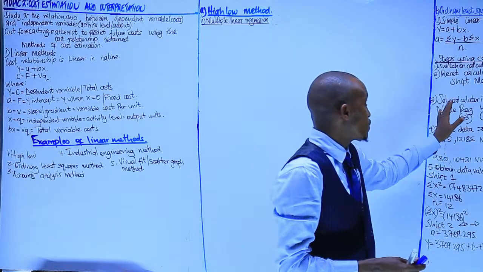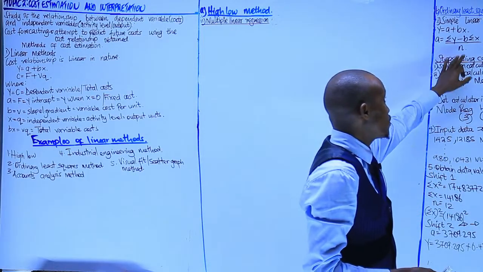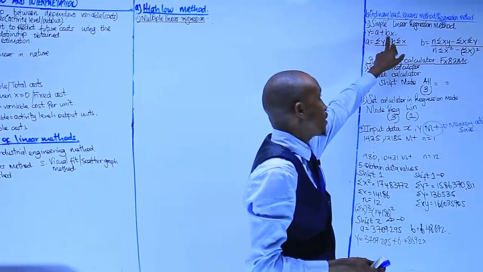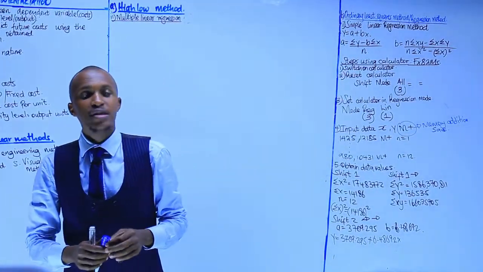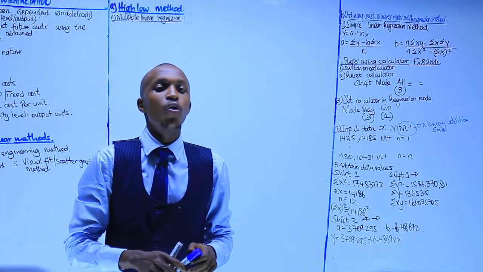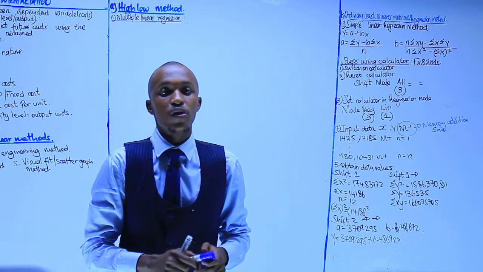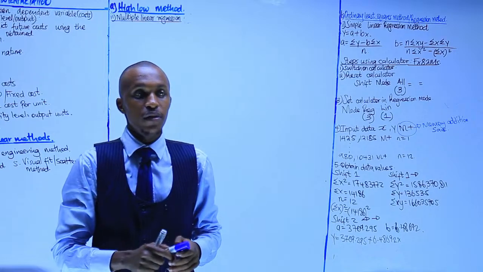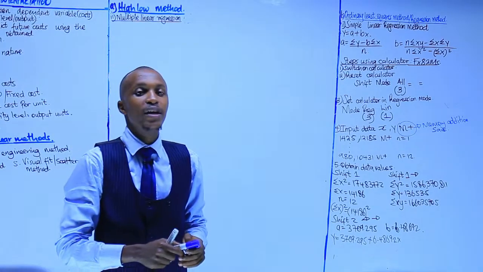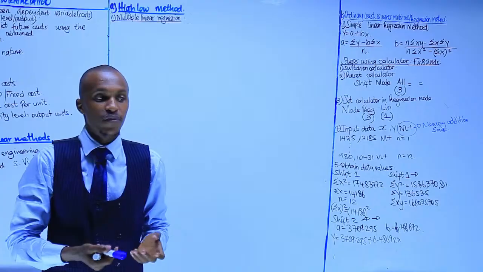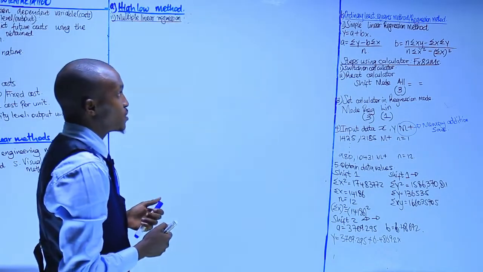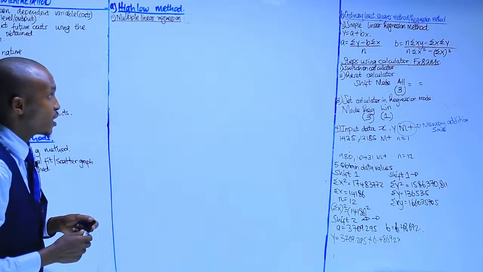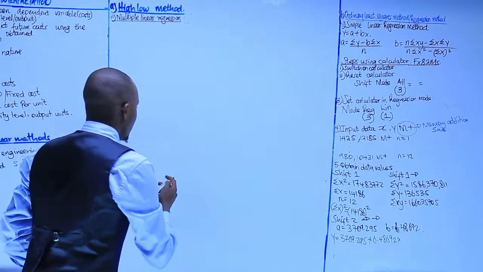When we talked about simple linear regression, y is equal to a plus bx, where x is only one independent variable. But it is possible that you have more than one factor affecting your costs. Where you have more than one independent variable, you introduce the concept of the multiple linear regression method, but your equation is still a straight line.